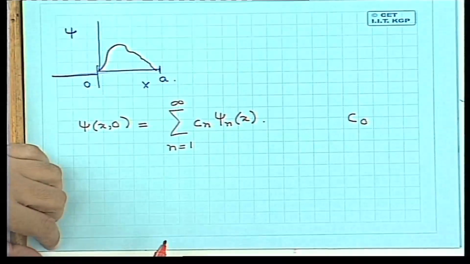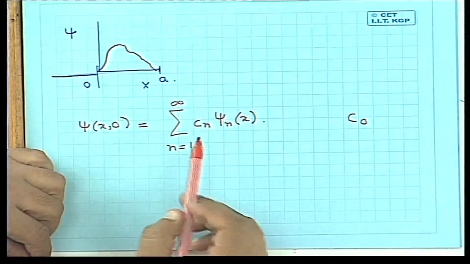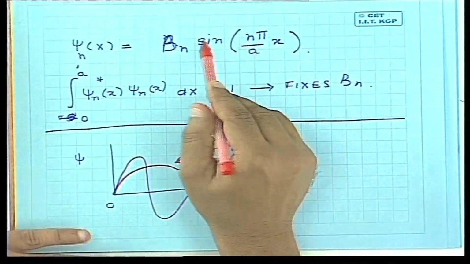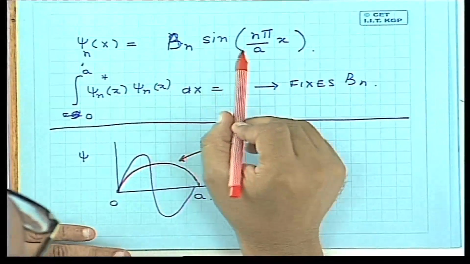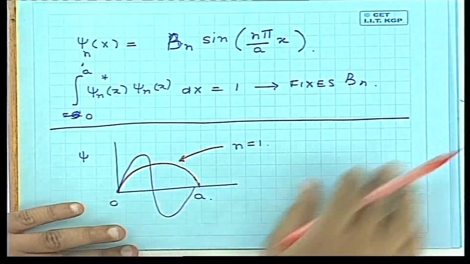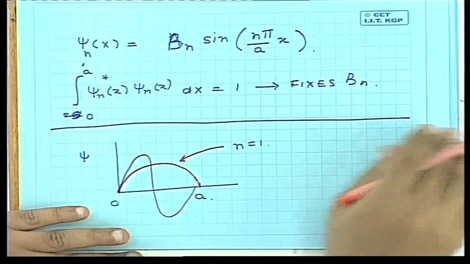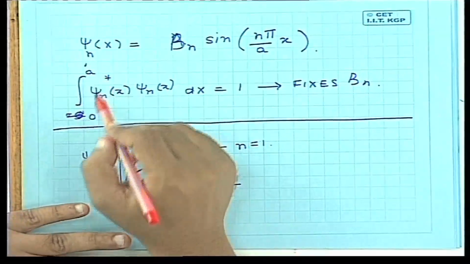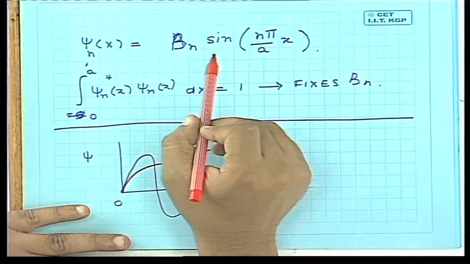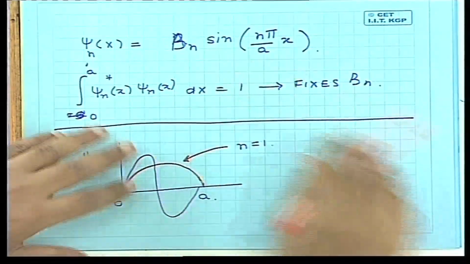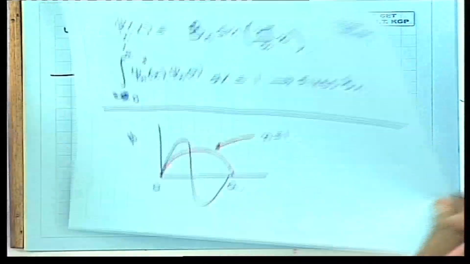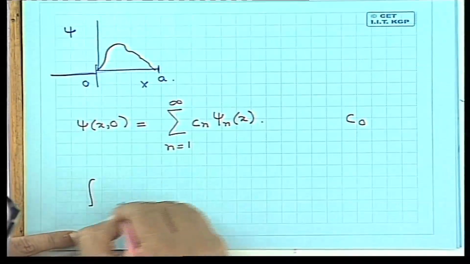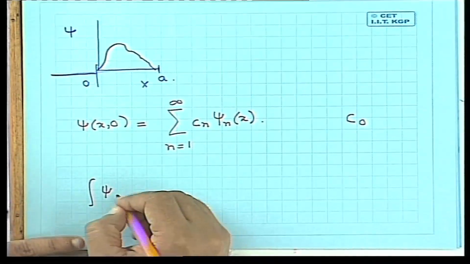Not only that, we also know that these functions, sin n pi x by a, satisfy the condition that if I take two different functions n and m, multiply them and integrate from 0 to a, unless n and m are the same, these integrals are 0. And only if they are the same do I get some number. And we have normalized these wave functions, so the wave functions are also orthonormal.